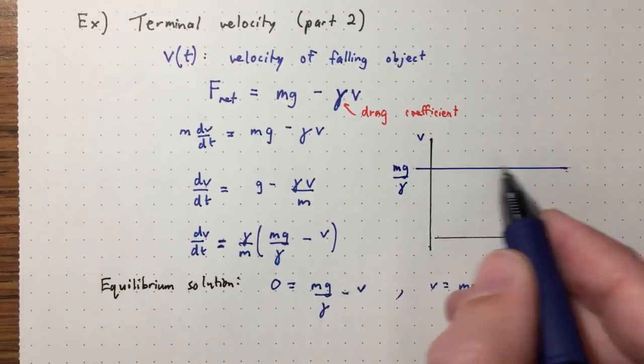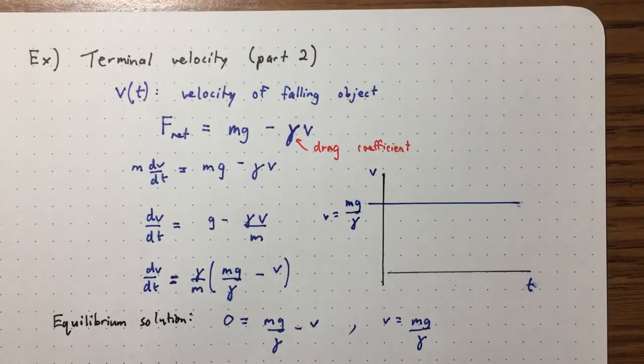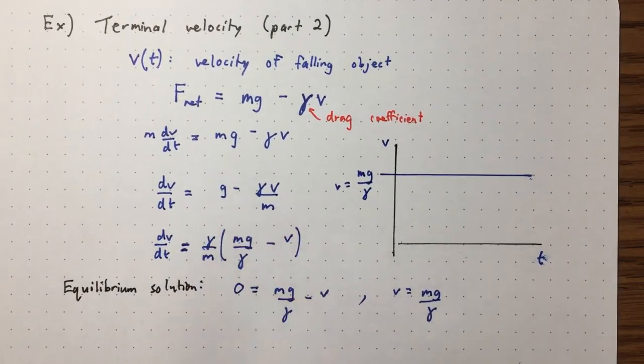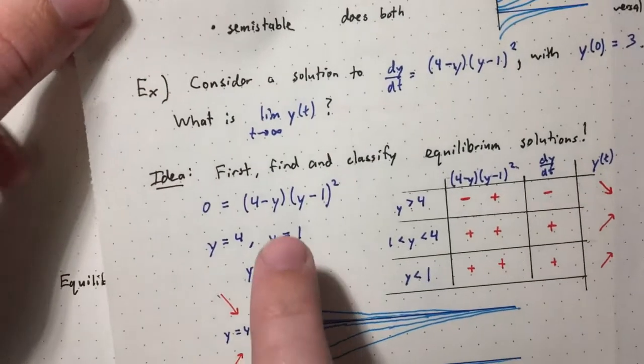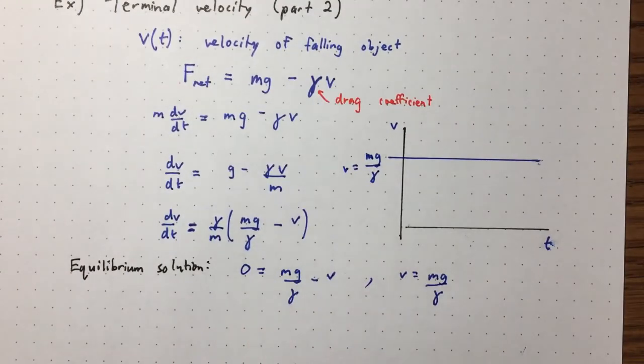So the constant solution, v equals mg over gamma, is an equilibrium solution. Is it the only one? Well, yes, because when we solved this, we got exactly one value of v. It wasn't like the earlier one where we got multiple values. It's the only equilibrium solution.